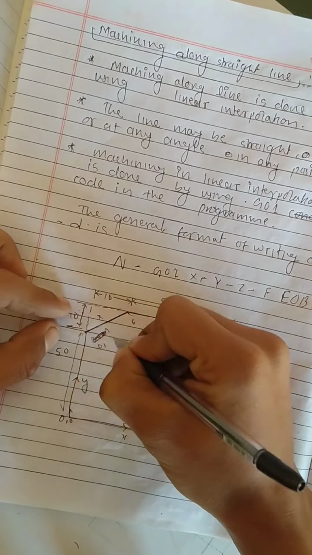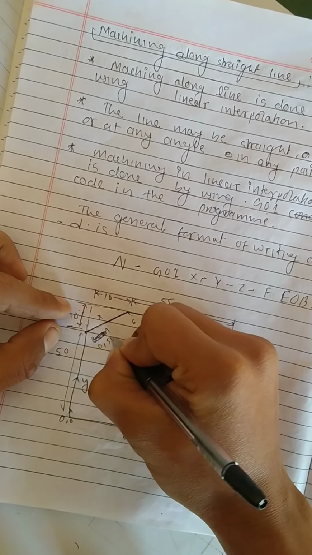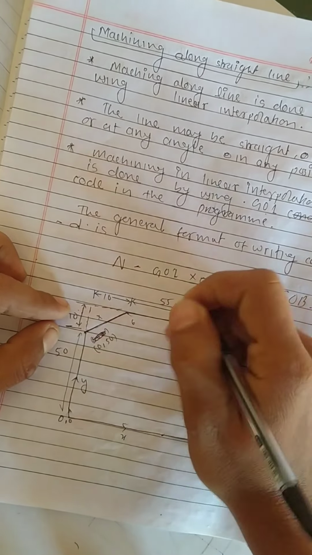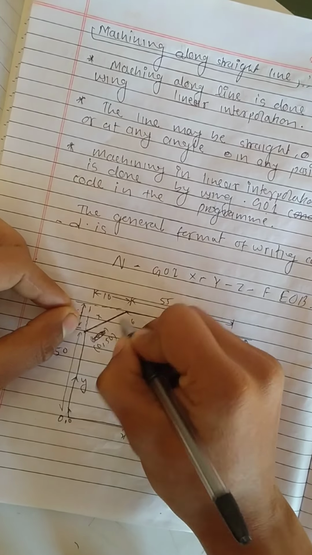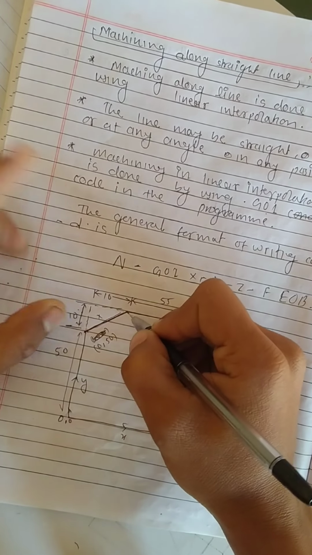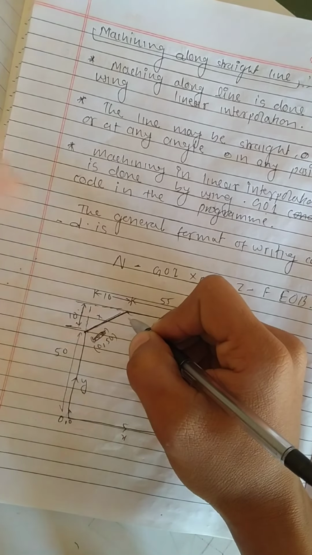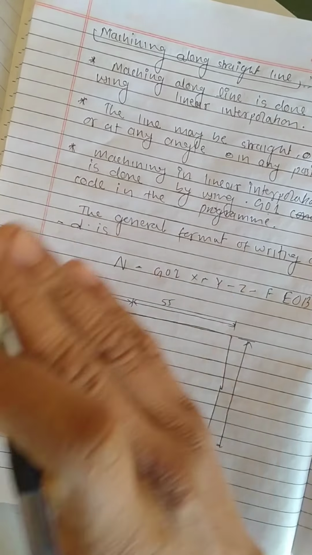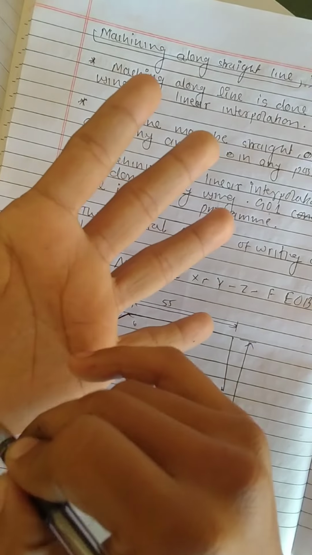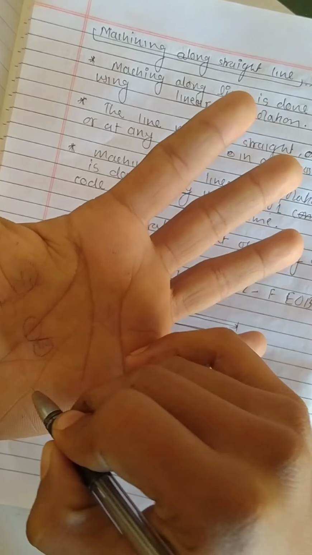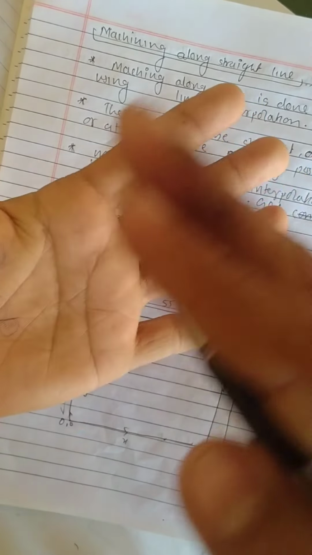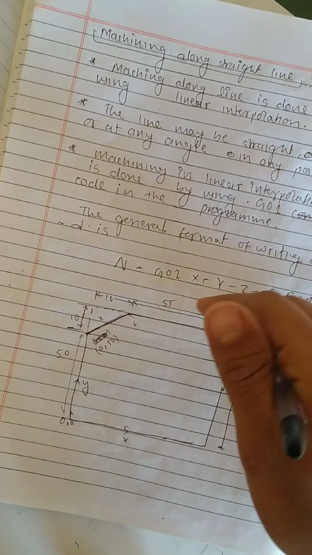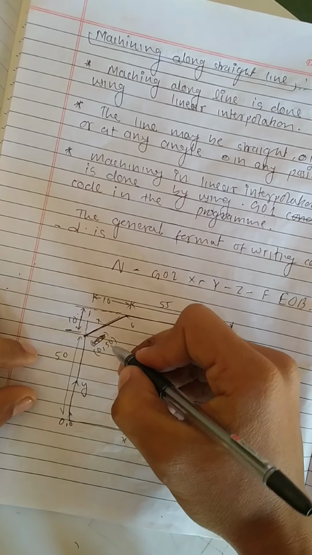We are moving in the y direction, rapid traverse to 50, so 0 comma 50. Then we will start cutting with G01. If we are moving without cutting, without machining any workpiece, from one place to another place, then we use the command G00, that is rapid traverse.